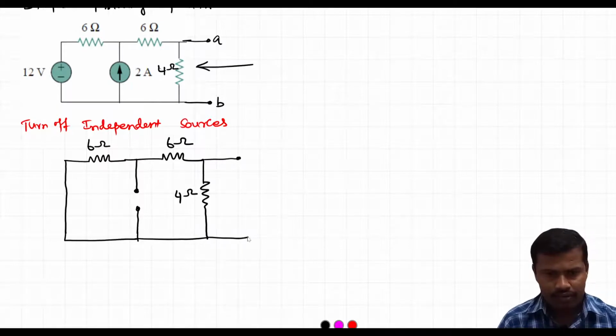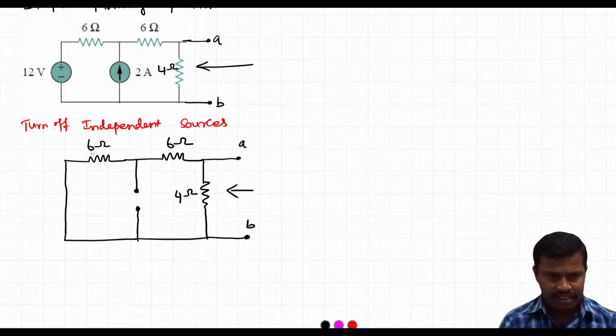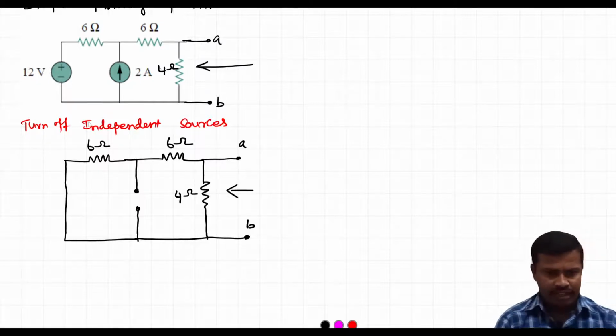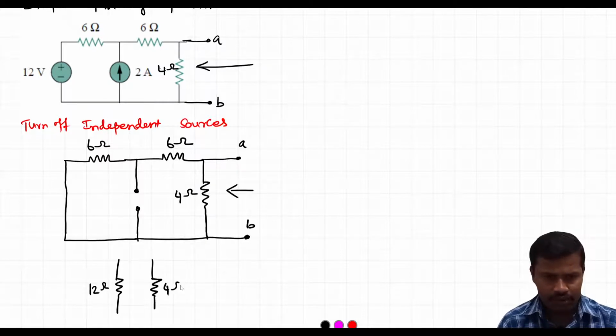Now we will mark the terminals A and B. Now when we look at the circuit from the open circuited terminals, these two 6 ohm resistors are in series, and when we add them, it becomes 12 ohm in parallel with 4 ohm. So the equivalent circuit we can redraw like this: 12 ohm in parallel with 4 ohm resistor.